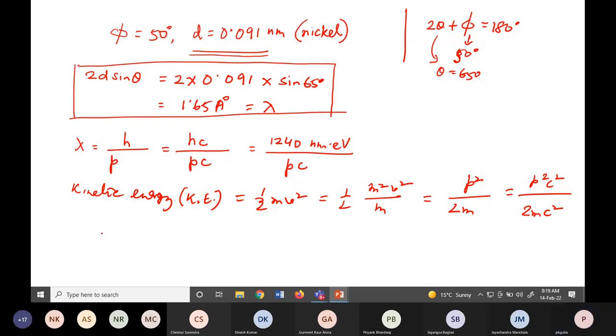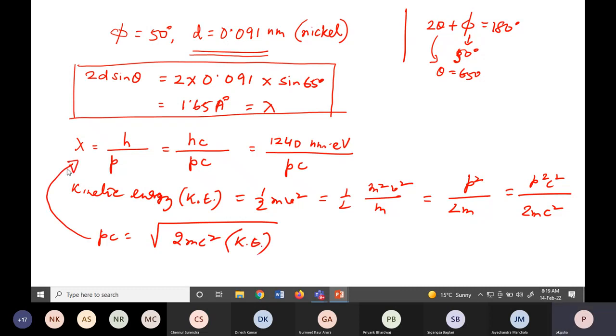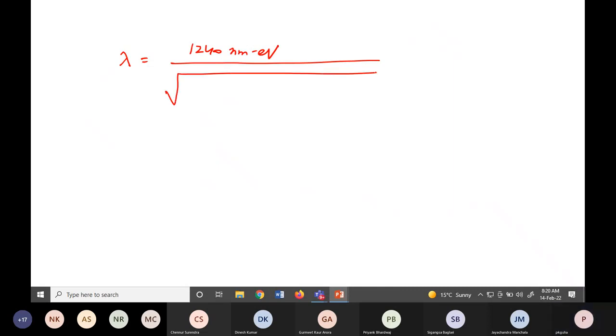So pc is the square root of 2mc square multiplied by kinetic energy. If you use this value here, you will get lambda is equal to 1240 nanometer electron volt over the square root of 2mc square times kinetic energy.